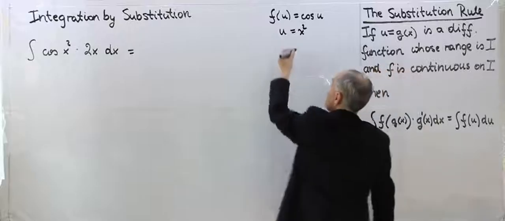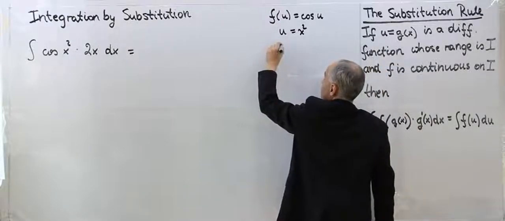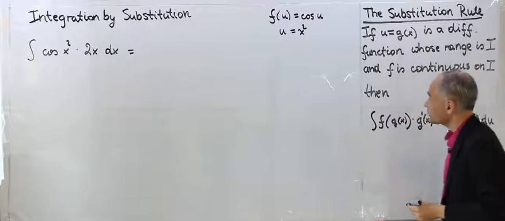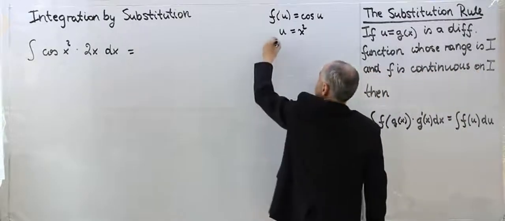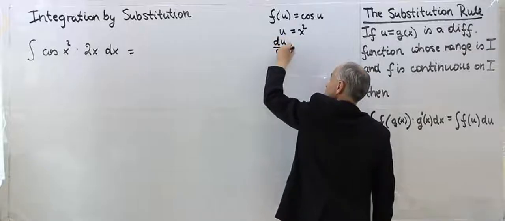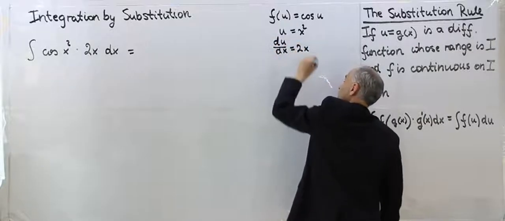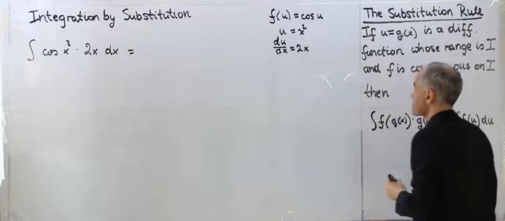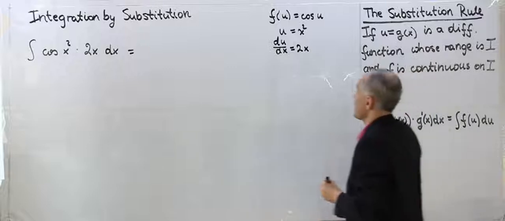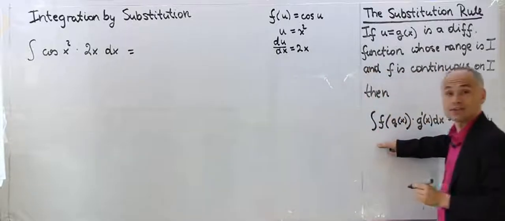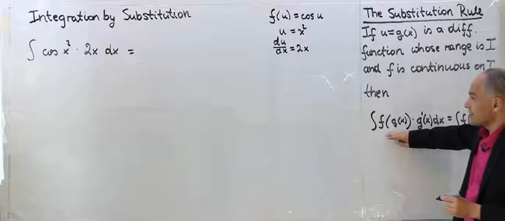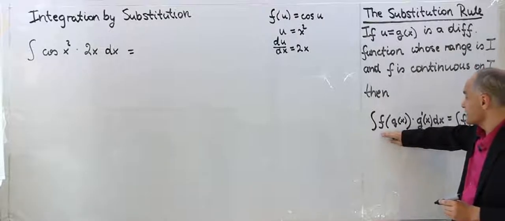So then the derivative of x squared is 2x, right? So I need this g prime here. In Leibniz notation, du by dx is equal to 2x. Okay, so according to our substitution equation, let's see if the left-hand side matches.